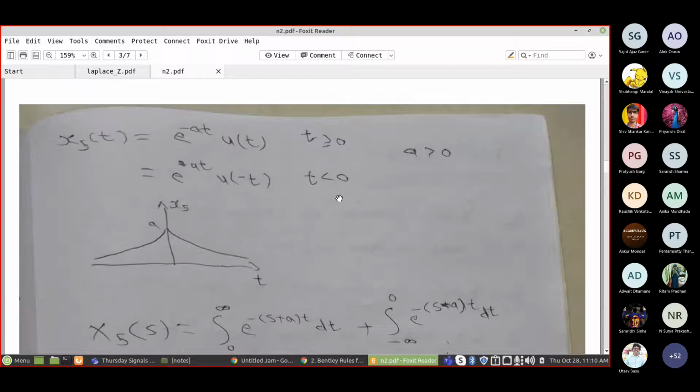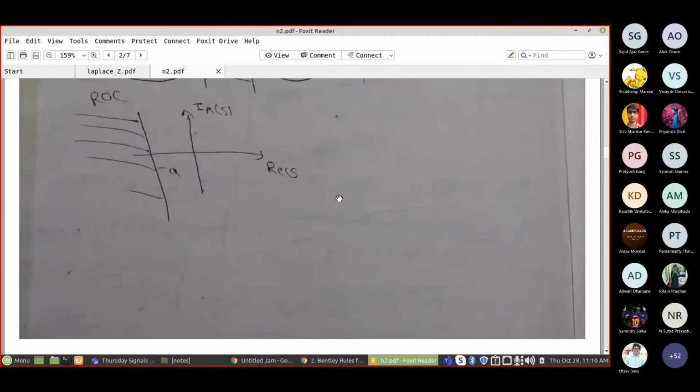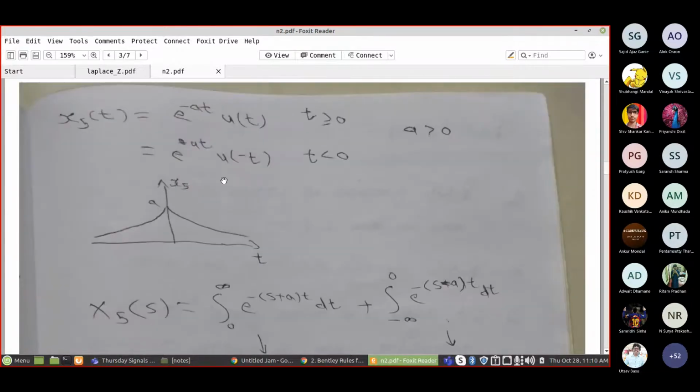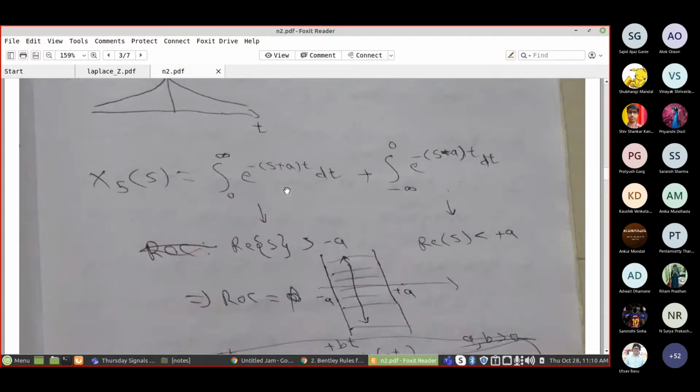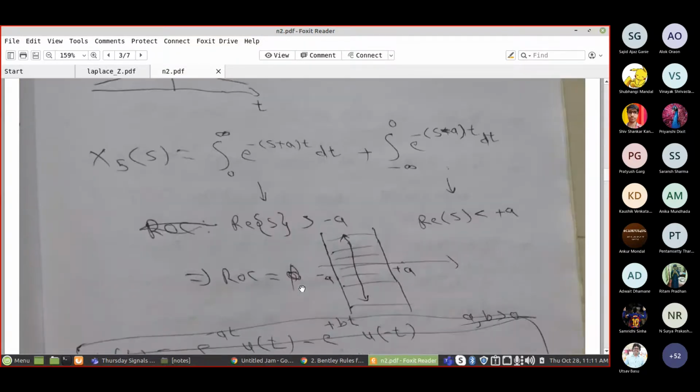So in general, if you have mixed expressions of causal and anti-causal and this two-sided signal, just by looking at the sign of t and the sign of whatever you have as multiplying t, you can figure out the ROC. And if you have multiple signals, then you need to take intersections and make sure that all integrals converge.